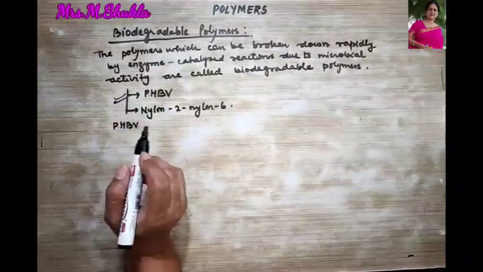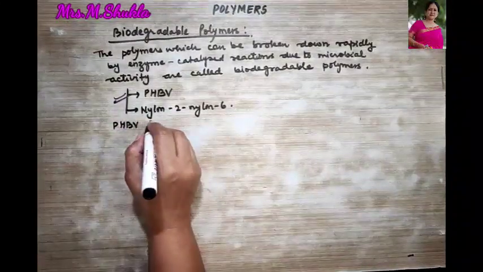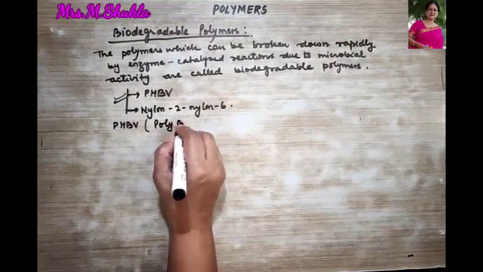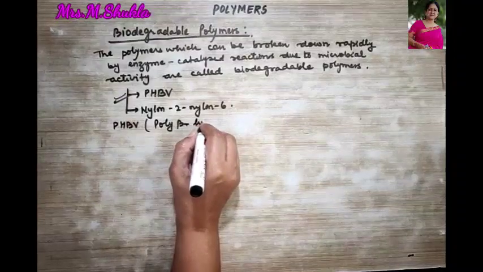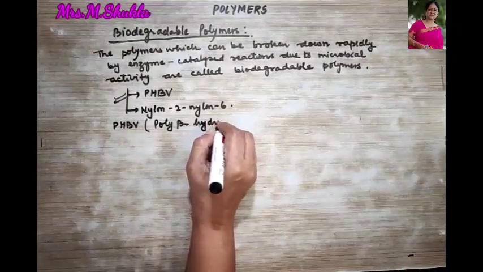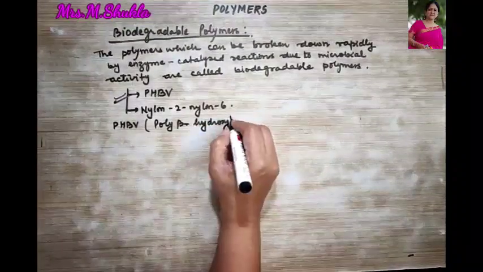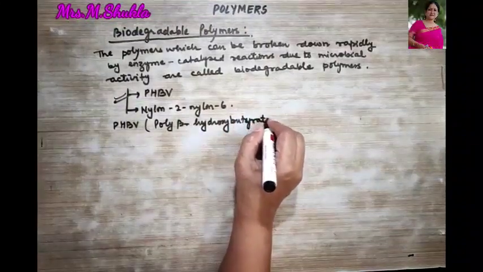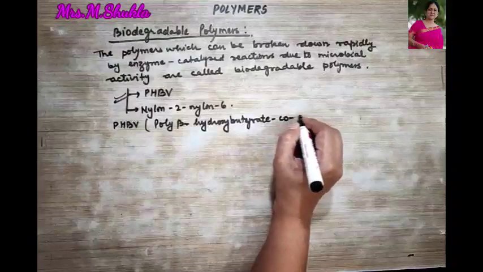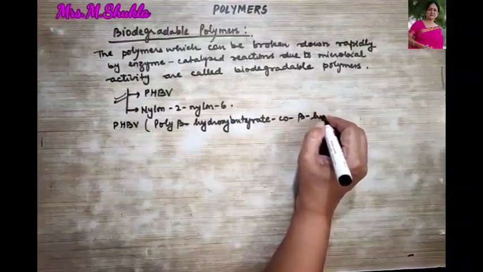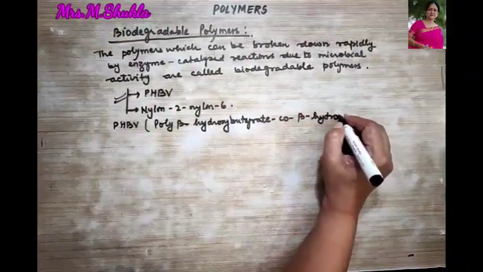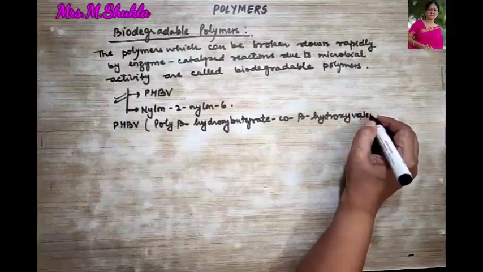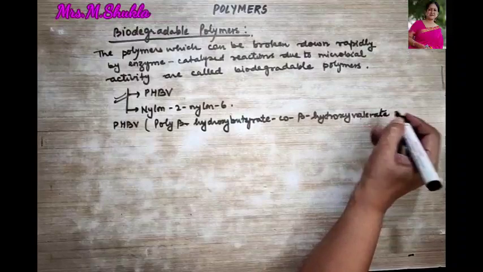Now what is the full form of PHBV? Let's see this. PHBV stands for poly-beta-hydroxybutyrate-co-beta-hydroxyvalerate. Okay, so PHB is poly beta hydroxy butyrate, co-beta hydroxy valerate.